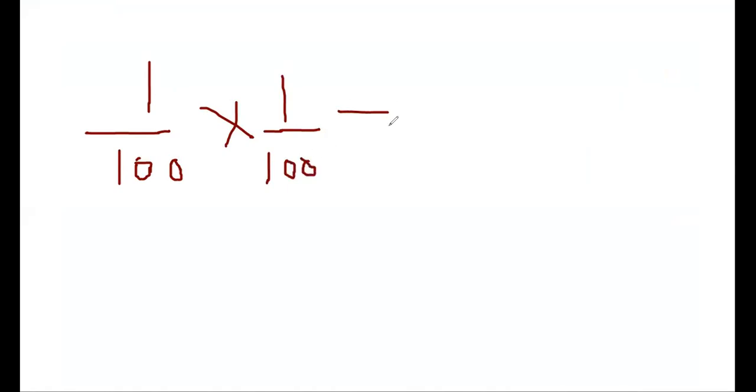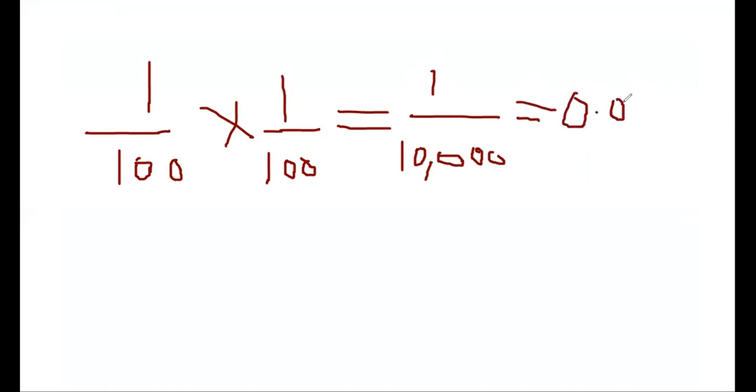And 1 times 1 is what? 1. 100 times 100 is what? 10,000. 1 divided by 10,000 is what? 0.0001.